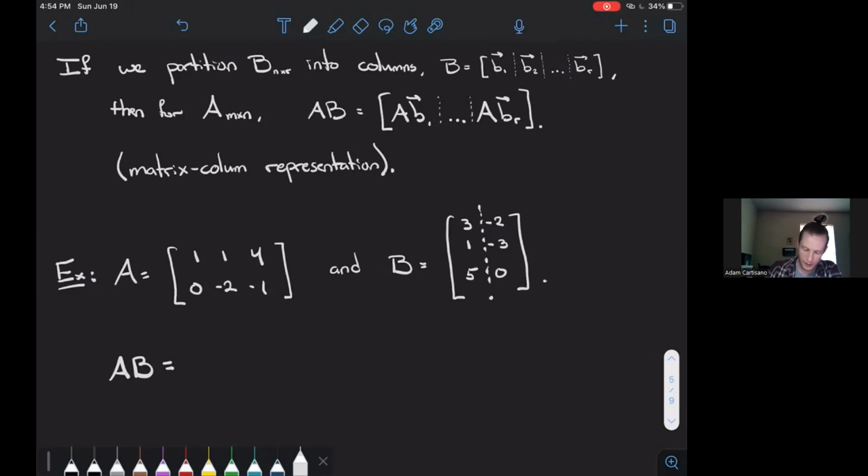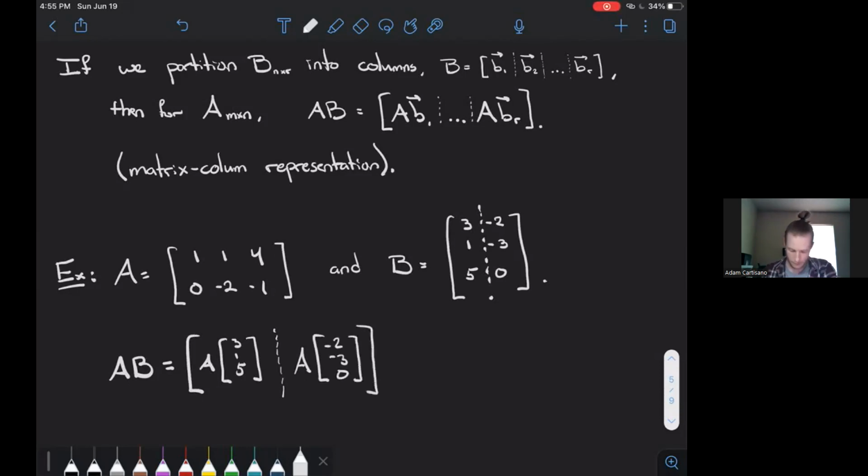Then AB is the matrix A times the column 3, 1, 5, and then partitioned with A times the other column, -2, -3, 0. Like this. Now, it looks very fancy for a matrix, but what are we doing?